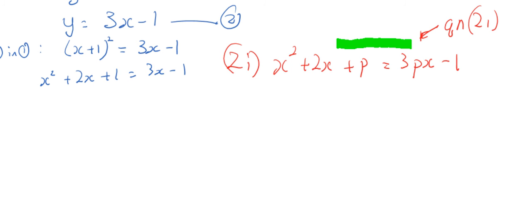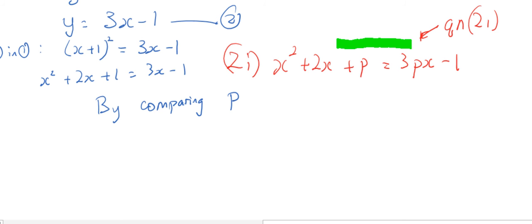Now compare this and this. Is it the same? Almost. Compare x squared. Is it the same? Yes. 2x? Yes. Same. P and then 1. Then this one, 3x, 3Px. Just now someone said P equals to 1. Do you agree? And so what you write is by comparing, P equals 1.